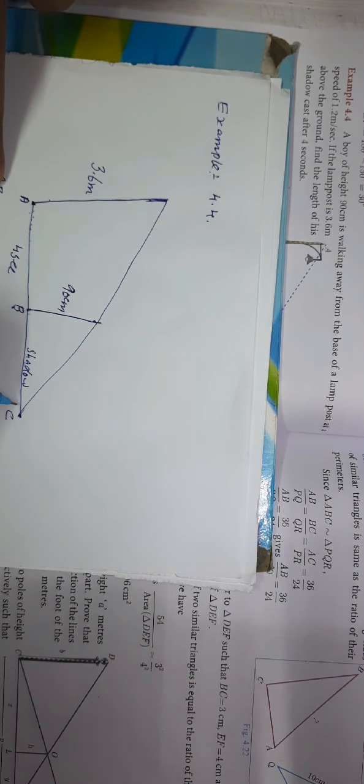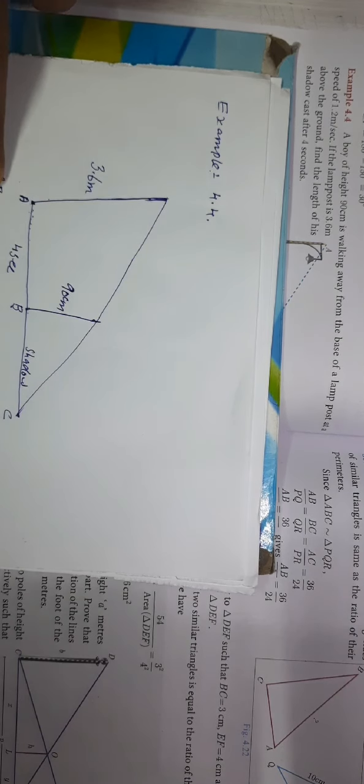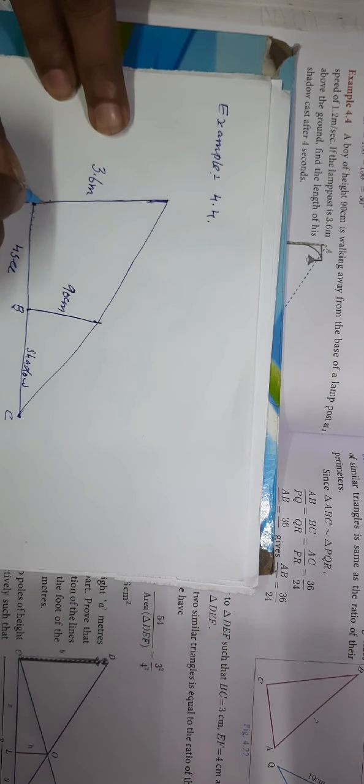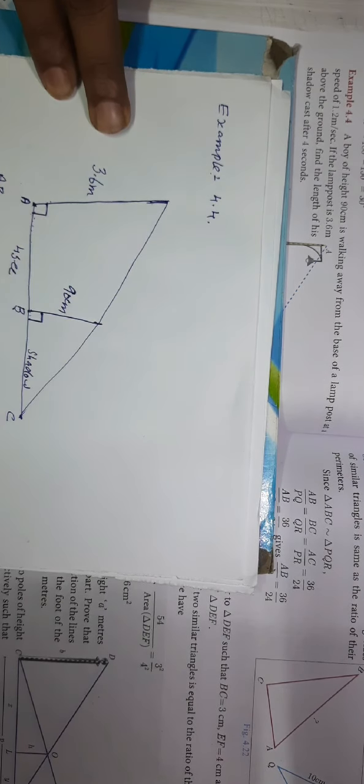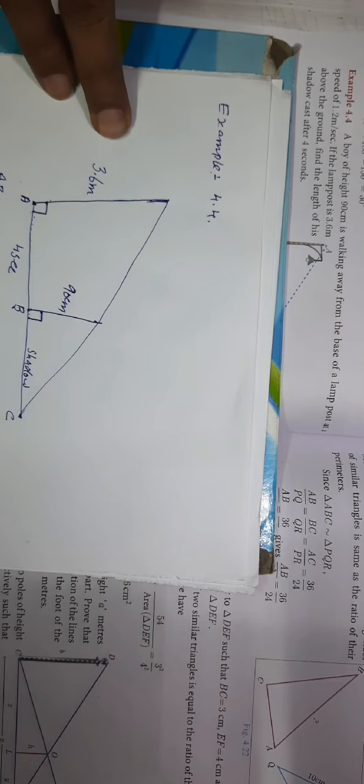After 4 seconds, what is the shadow of the boy you want to find? So this is the given diagram. The lamppost is perpendicular to the ground and the boy is also perpendicular to the ground. So this is the given diagram for the question.